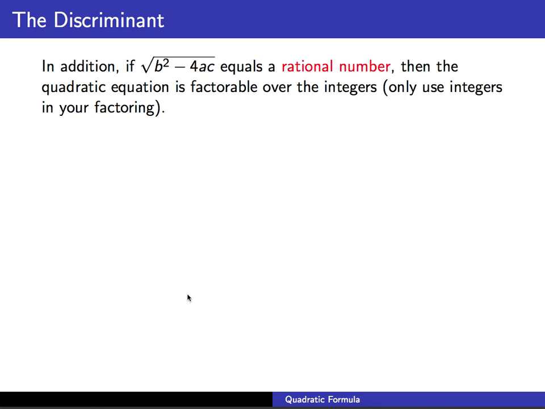So if the square root of b squared minus 4ac comes out to equal a rational number, then your quadratic equation is factorable over the integers. In other words, much like the factoring we've looked at in the past, you only use integer values in factoring, something like 2x plus 1 times x minus 5, for instance.